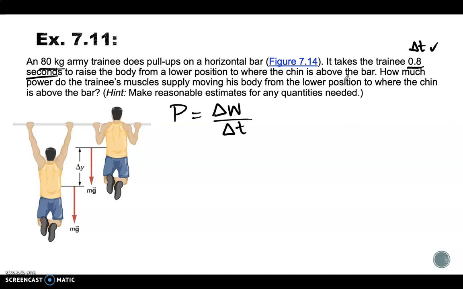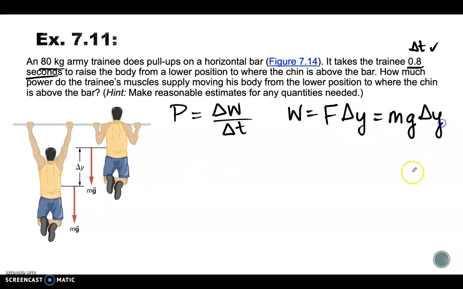So when we're looking at work, it is going to be the force times some delta. In this case, we'll call it delta Y. Our force on this person is going to be mg.